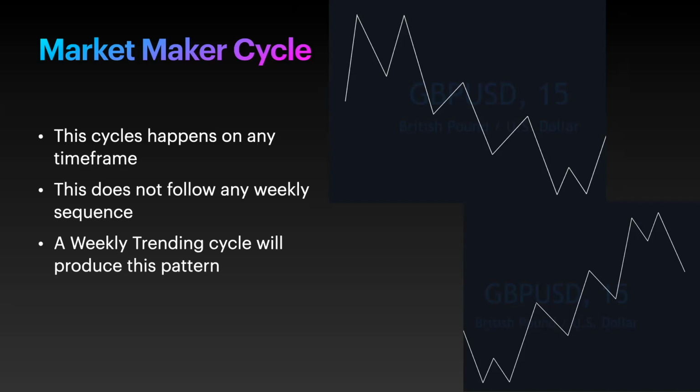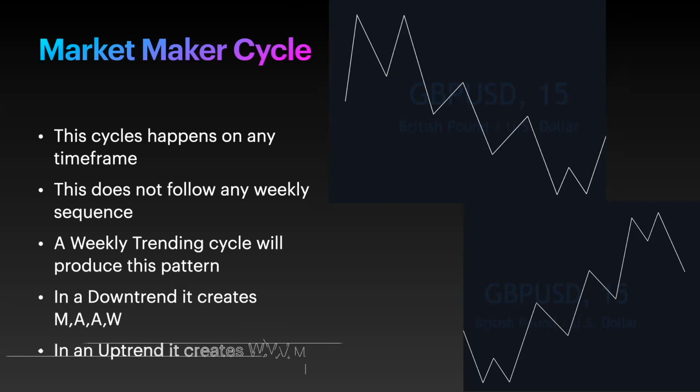As we talked about, in a downtrend it creates an MAAW, and in an uptrend it creates a WVVM. This is what you're looking for on the charts.